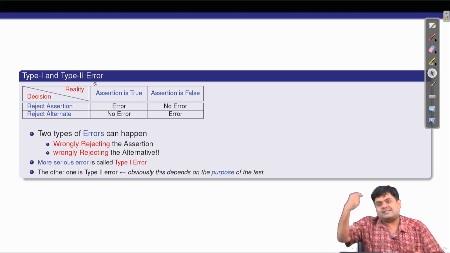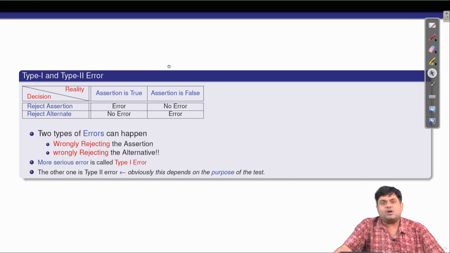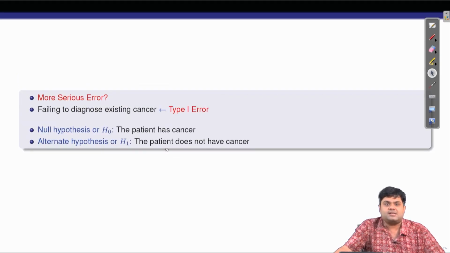Of the two statements you are comparing, the one you call the assertion has this property: rejecting it falsely, when it is true, is the far more serious error. That is called type 1 error, and the one whose truth you are rejecting wrongly to get type 1 error is called the null hypothesis, and the other one is called the alternate hypothesis.